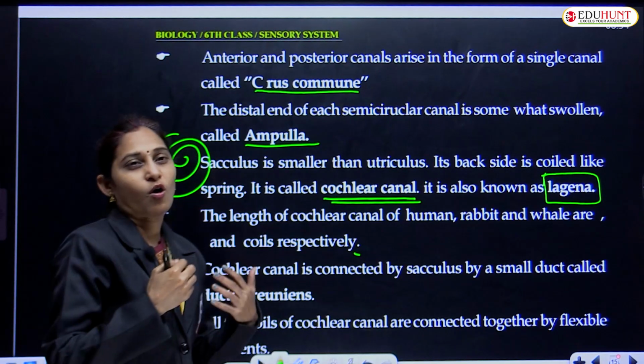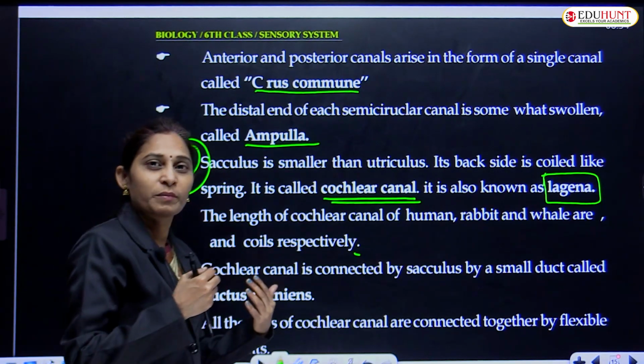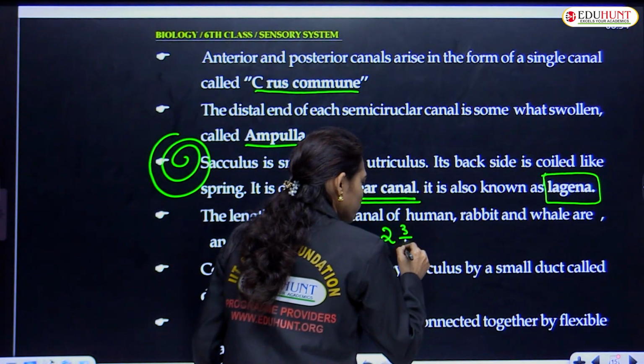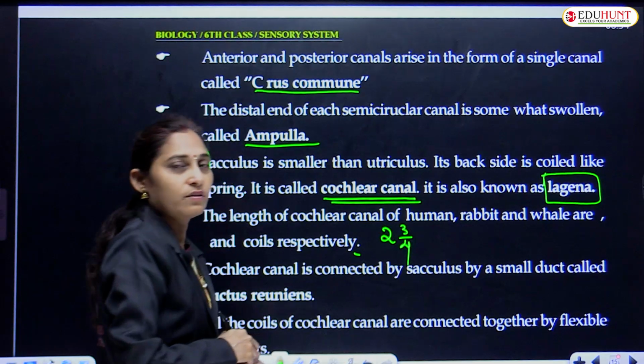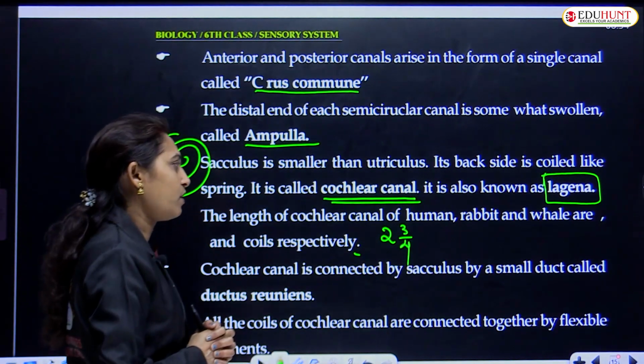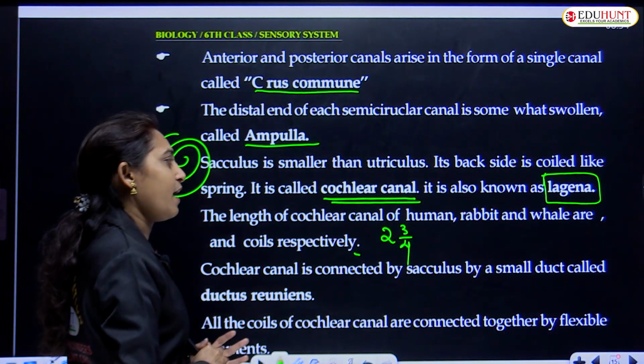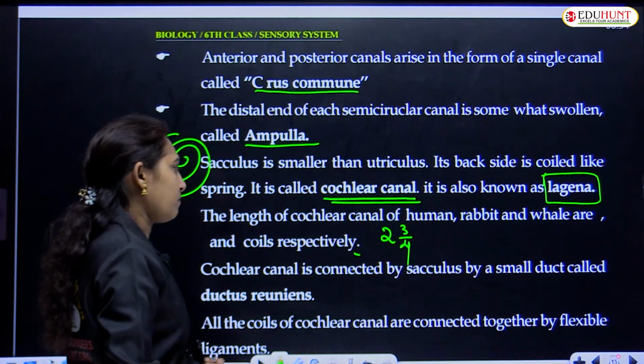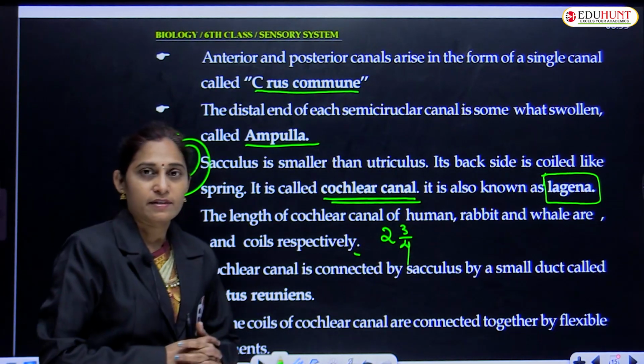The length of the cochlear canal in human beings is 2 3/4 coils, and in rabbit and whale it is less than this. I'll give you the measurements exactly.